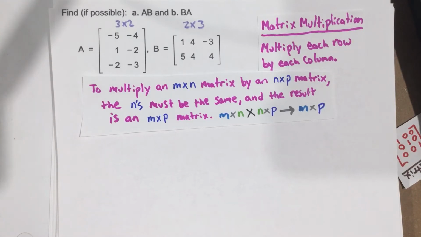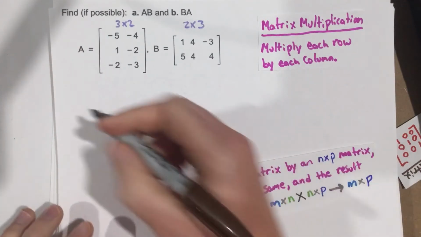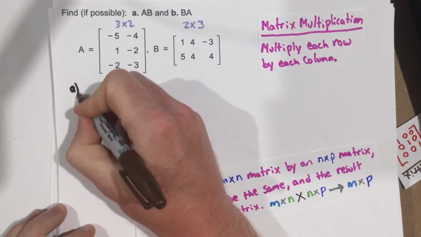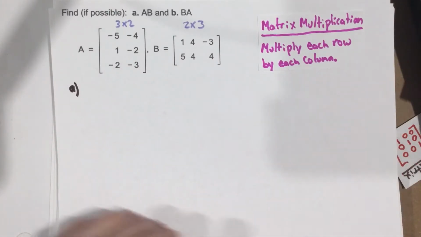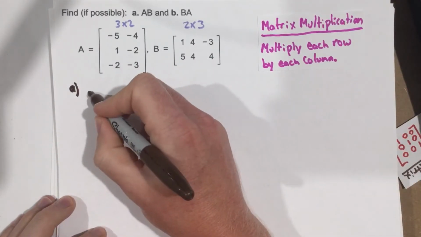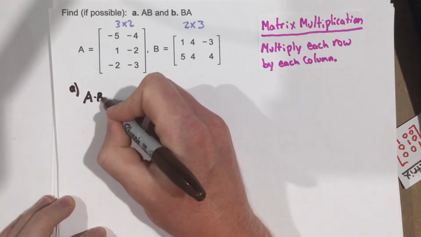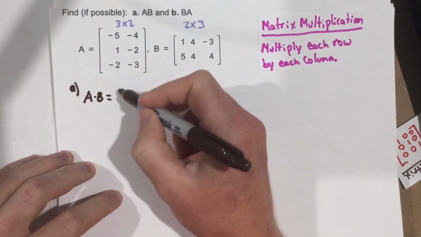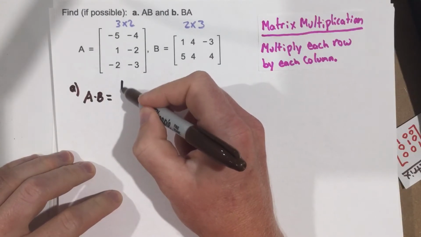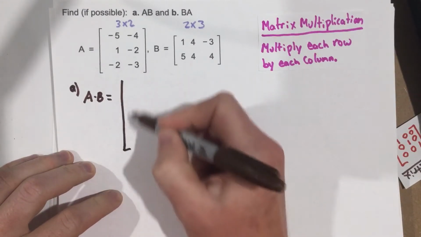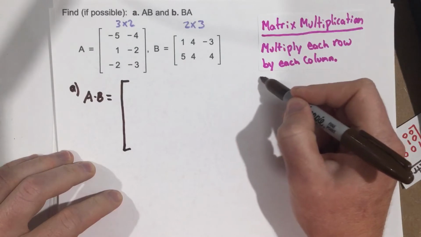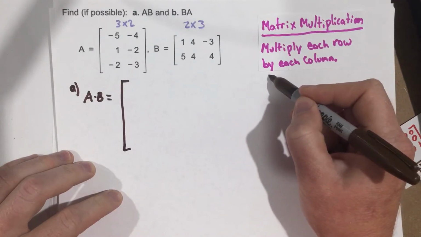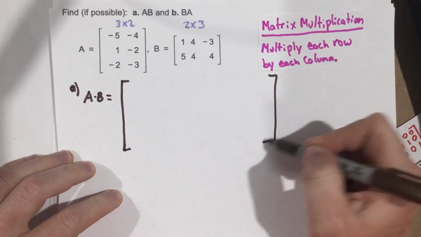So we're going to start by making part A. We're obviously multiplying A times B here. And when we multiply A times B, we're going to get a 3 by 3, so I'm going to make it kind of large, just to give us some space.